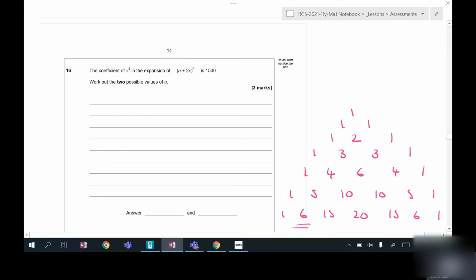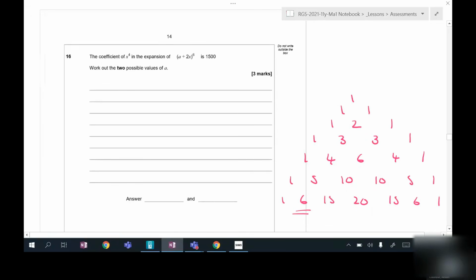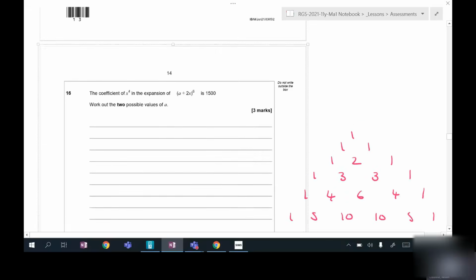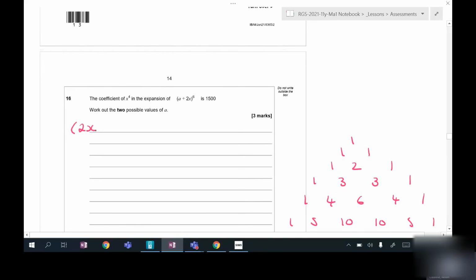So I'm going to where my power is 6. So where that second number in Pascal's triangle is 6. Okay, and it's quite hard to pick out the coefficient of x to the power 4. So you may just want to start doing the expansion. So I'm going to write it the other way around. You'll see why in a minute.